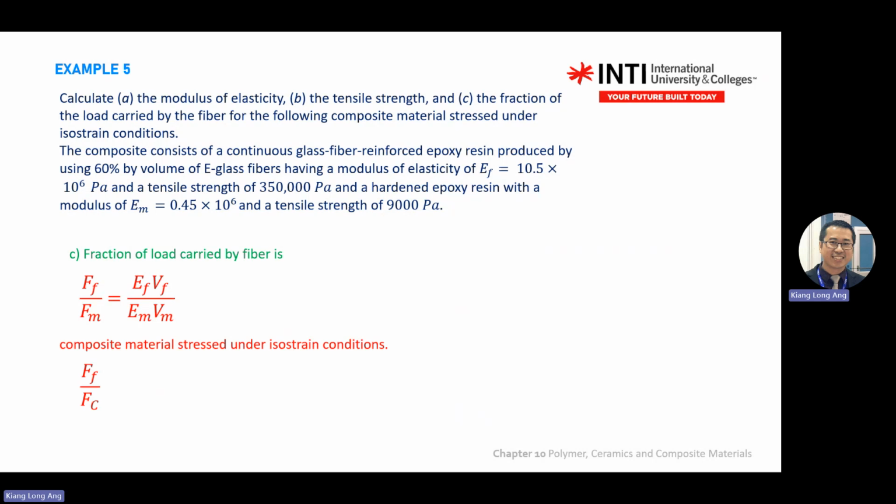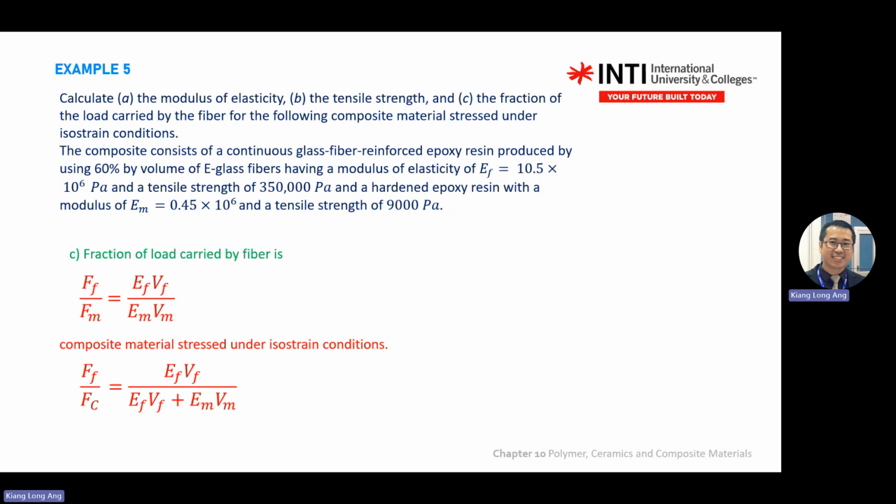So, okay, this one you can substitute values inside there by using this one, right? Or you can use this one, which is between fiber and matrix. This formula is for composite. You use fiber versus composite.